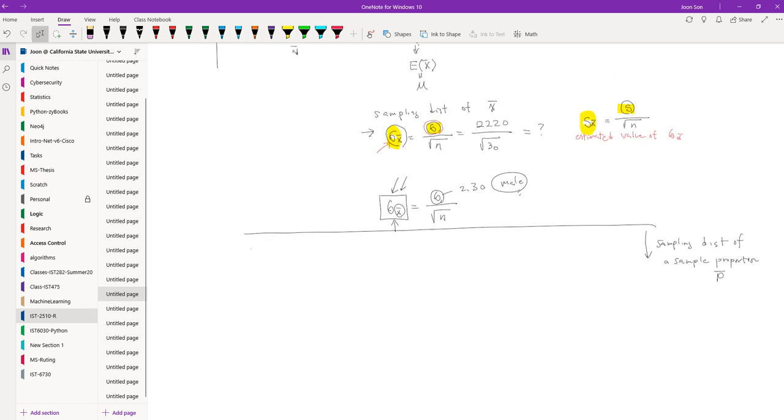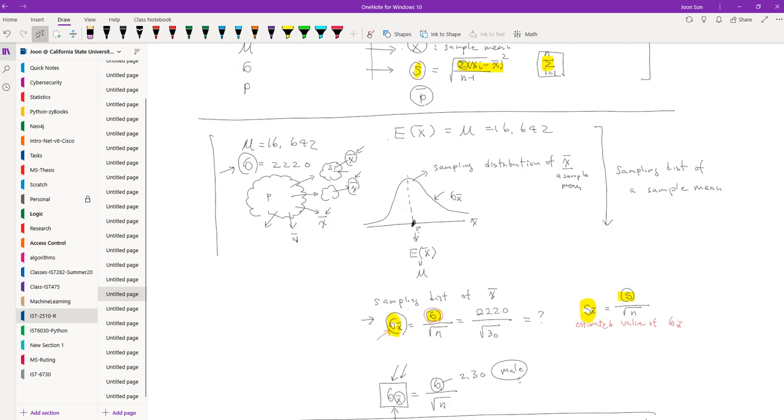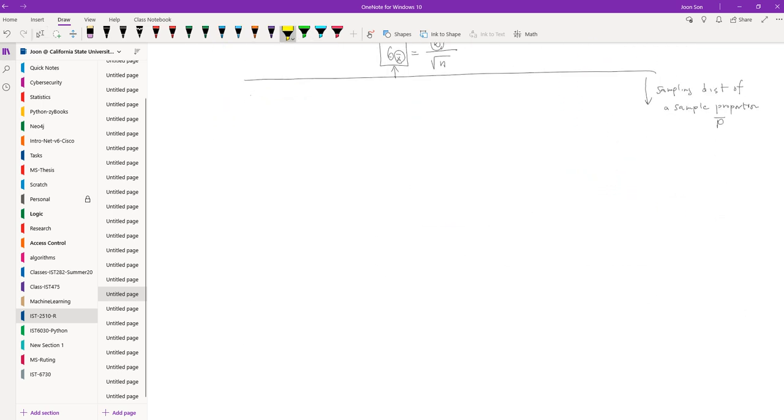The idea is exactly the same as the previous case, the sampling distribution of a sample mean. So you have a population, and the population has some value, the population proportion.